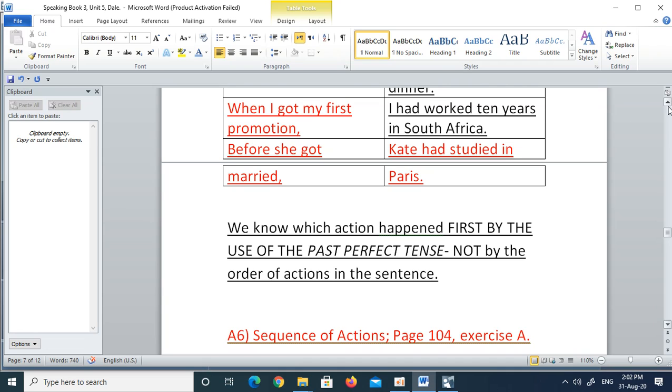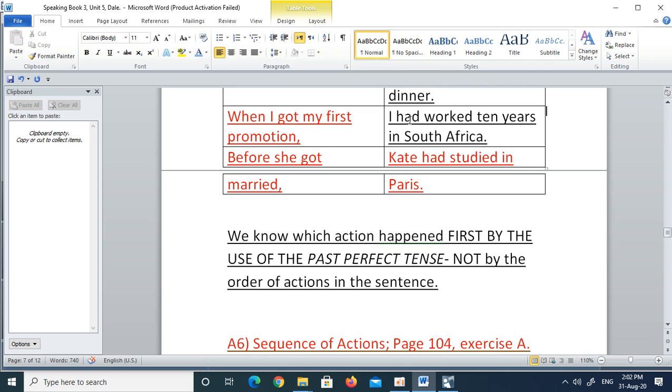So whichever clause has the verb with a had, that happened first. The other clause which doesn't have a had, the action occurred second. Even if we mention that action first, it actually occurred second.